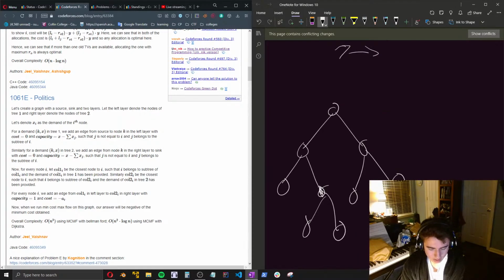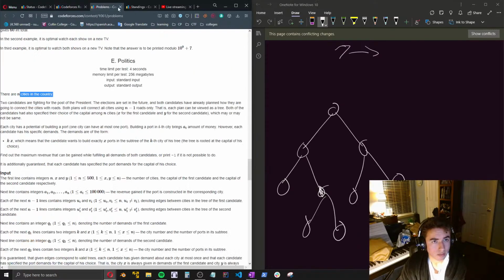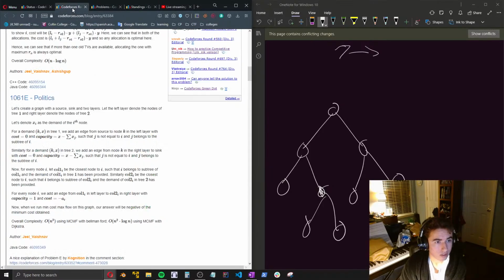You see how many of the previous nodes in the subtree have to be cut off. And then, wait. Hold on. Do I understand? Okay.